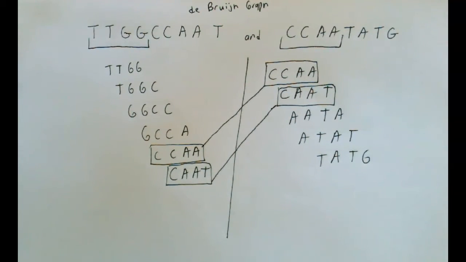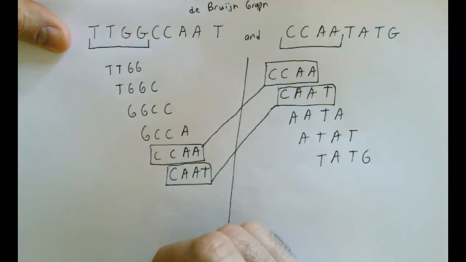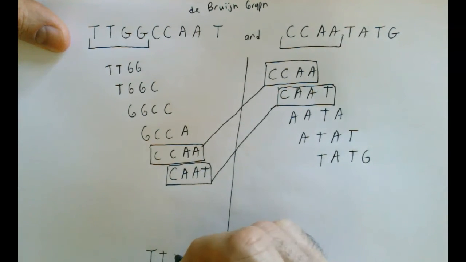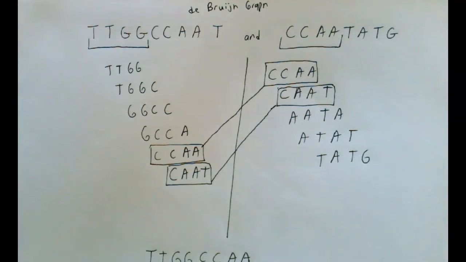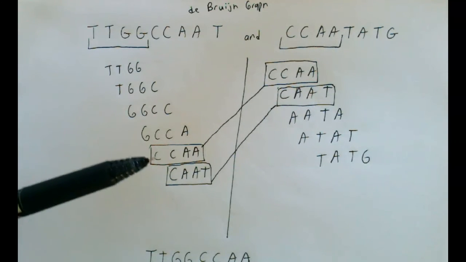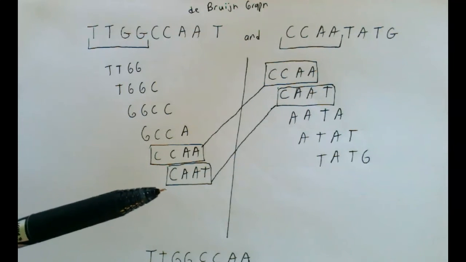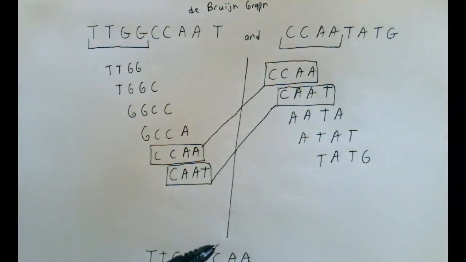So if we were to figure out what the actual true sequence would be, the way we would do that would be T, T, G, G, C, C, A, and now if you look right here, you can see that we have that CCAA on both sides, and the CCAAT on both sides, right?